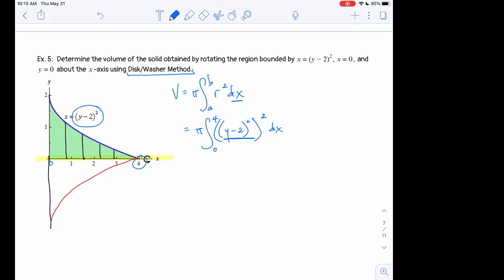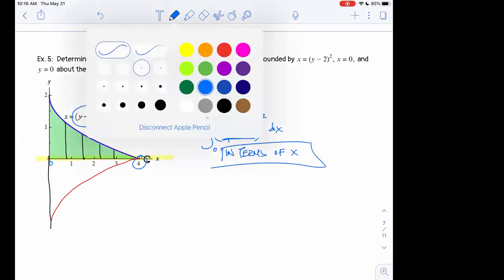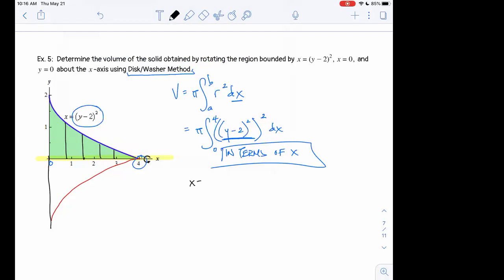Yeah, we got to solve for y. So you have the right idea here in that that's the function that defines the radius. However, you need this to be in terms of x, okay? So let's take a little sidebar and take x equals y minus 2 squared, and let's solve for y.